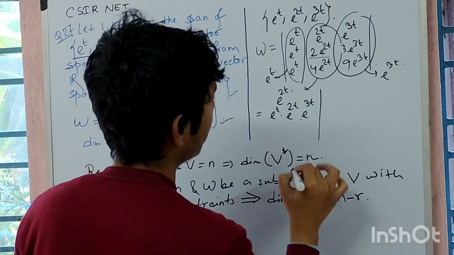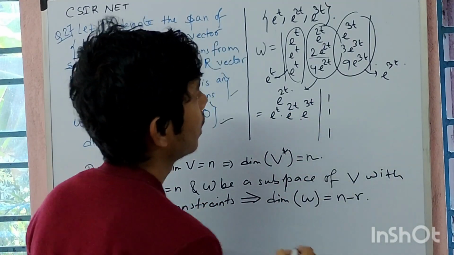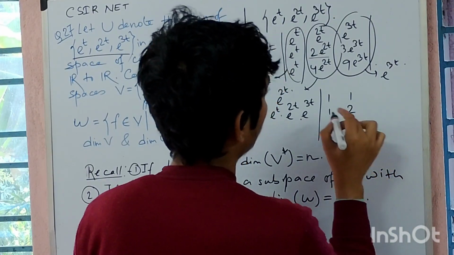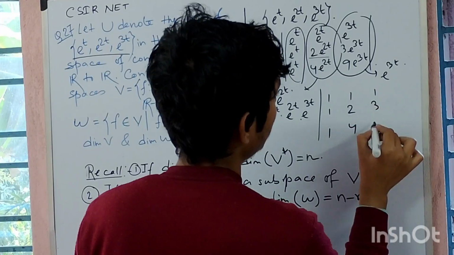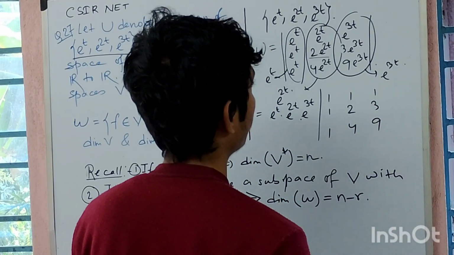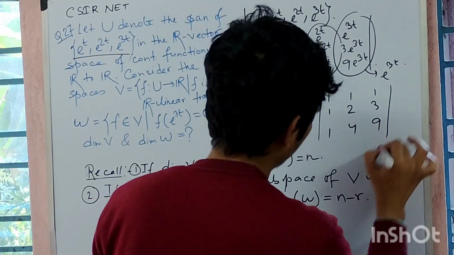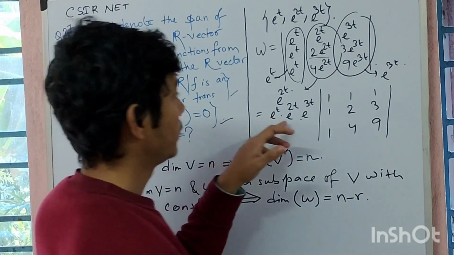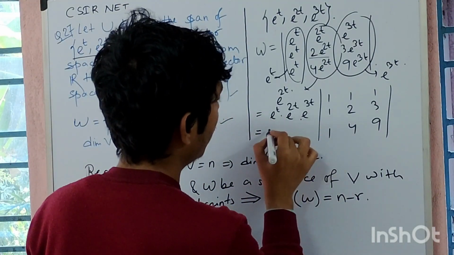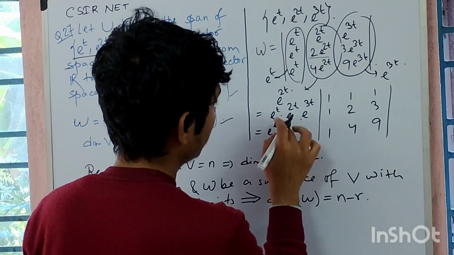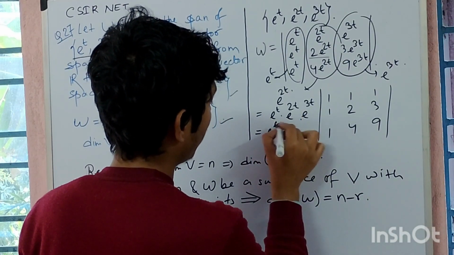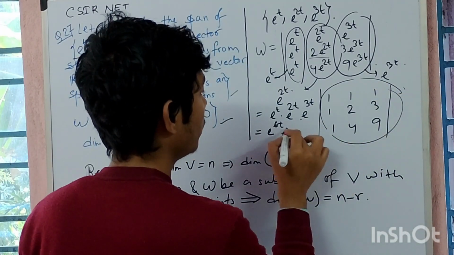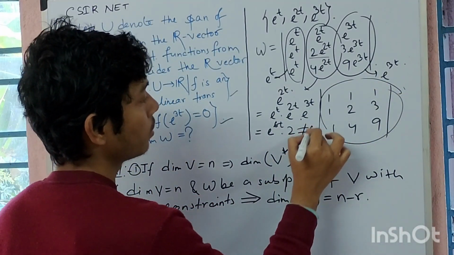Then my determinant looks like 1 1 1, 1 2 3, 1 4 9, multiplied by e to the power 6t. You can easily find its determinant; it will be 2. So the whole thing is not equal to 0.